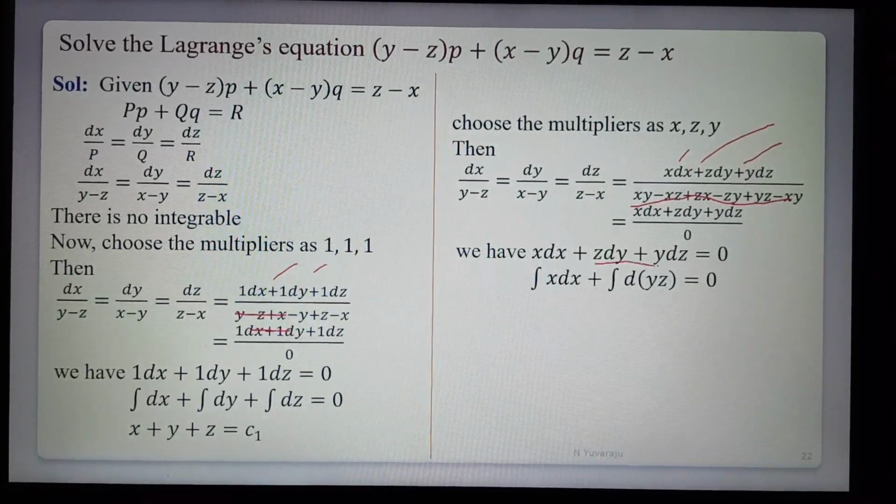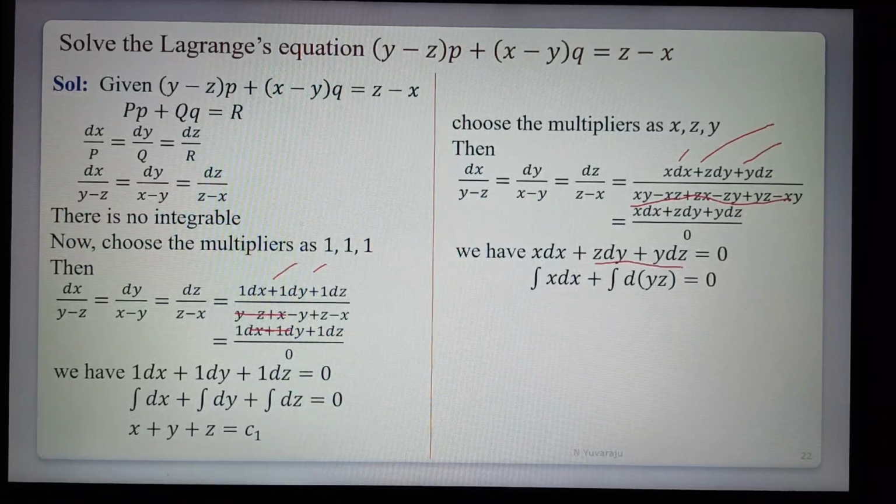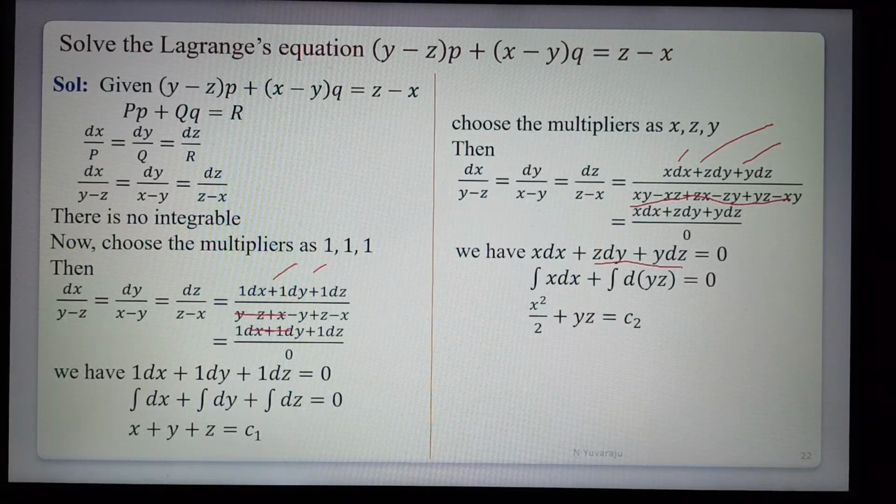Now integrating on both sides: x square by 2 plus yz is equal to c2. So this is the second solution, x square by 2 plus yz is equal to c2.